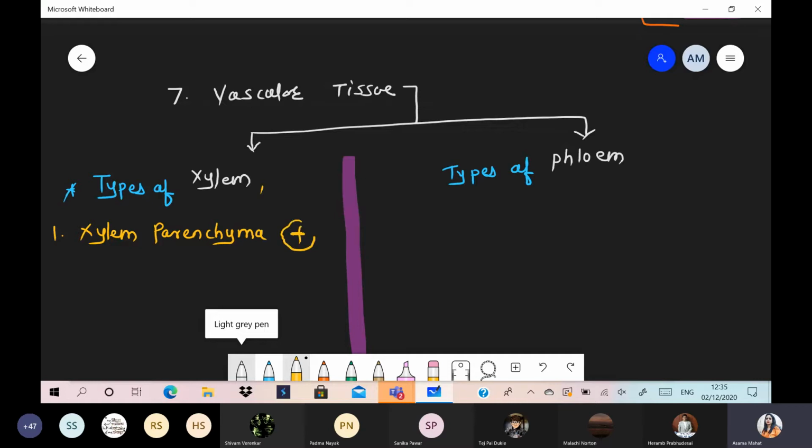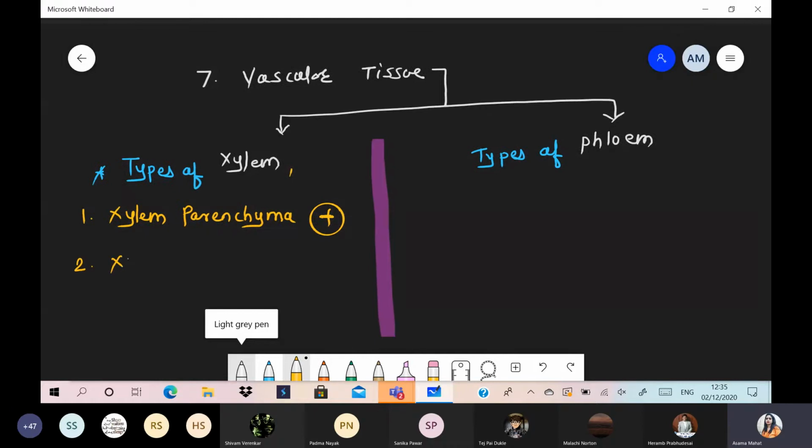Yes, so in case of gymnosperm, xylem parenchyma, which is a living tissue, is present. Number second, xylem fiber, which provides the mechanical support. So yes, in gymnosperm, xylem fiber is also present.